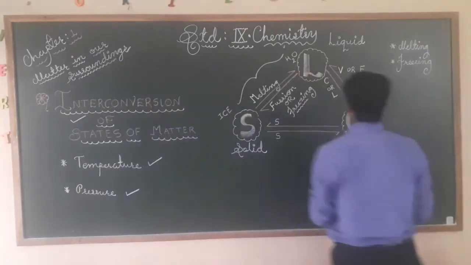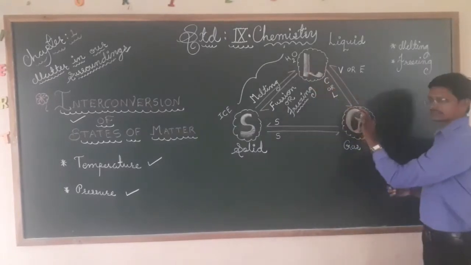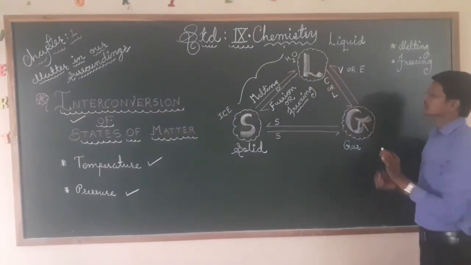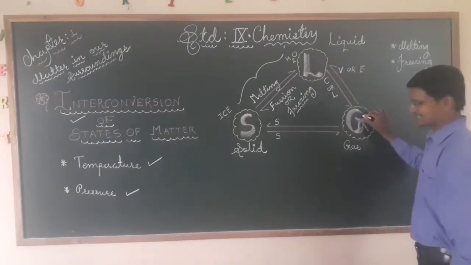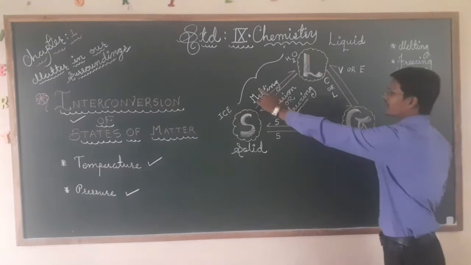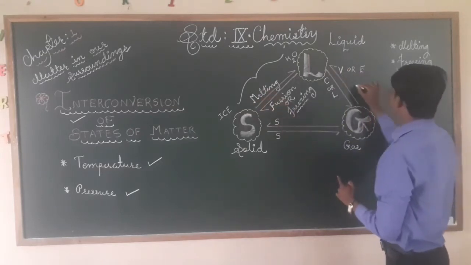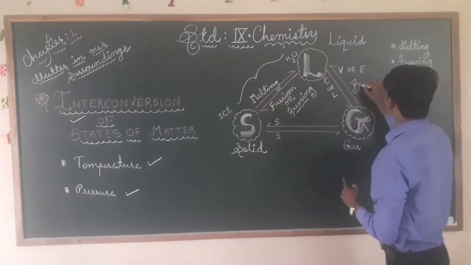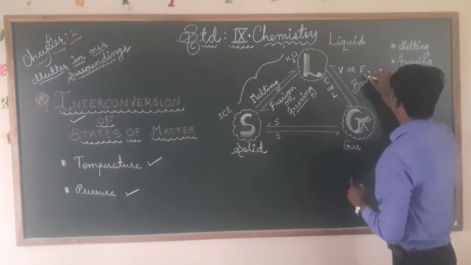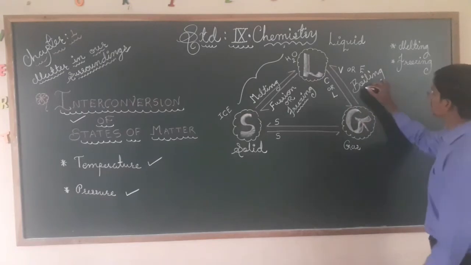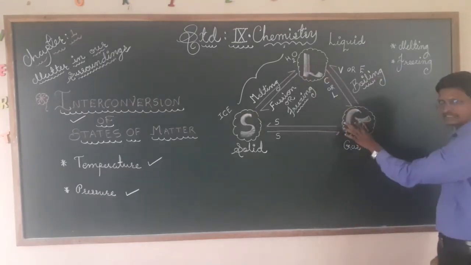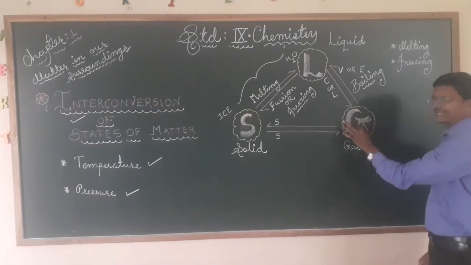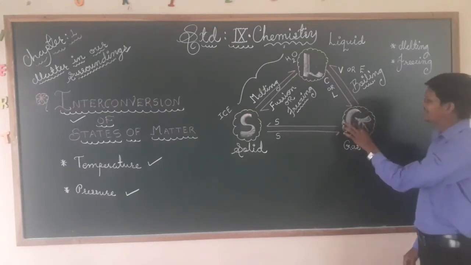Next we come to liquid to gas and gas to liquid. How is it possible? Suppose liquid converts into gas. Liquid to gas we generally call boiling, because liquid converts to gas at a high temperature.